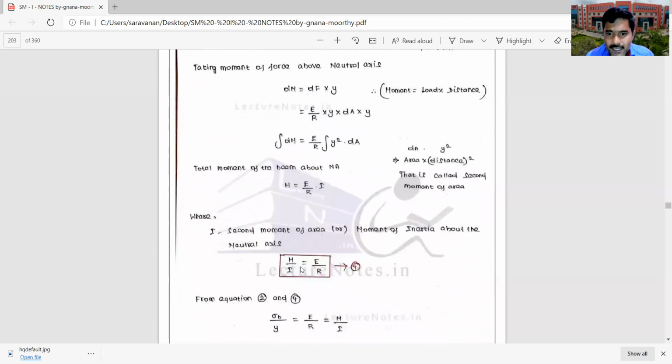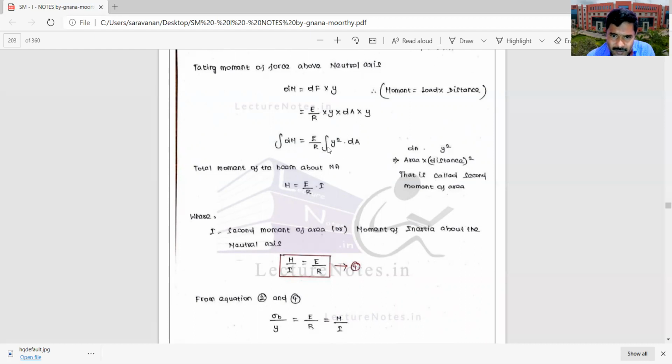Now what is dA into y square? dA is area, y square is distance square. This is called the second moment of area, which is nothing but the moment of inertia I.